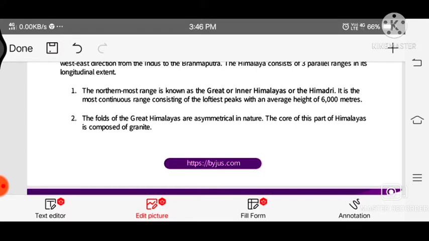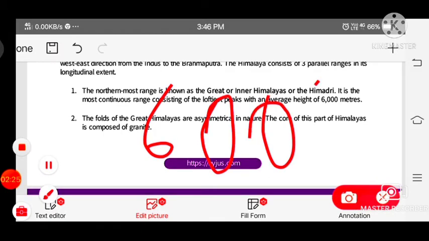It is the most continuous range, consisting of the loftiest peaks with an average height of 6,000 meters.